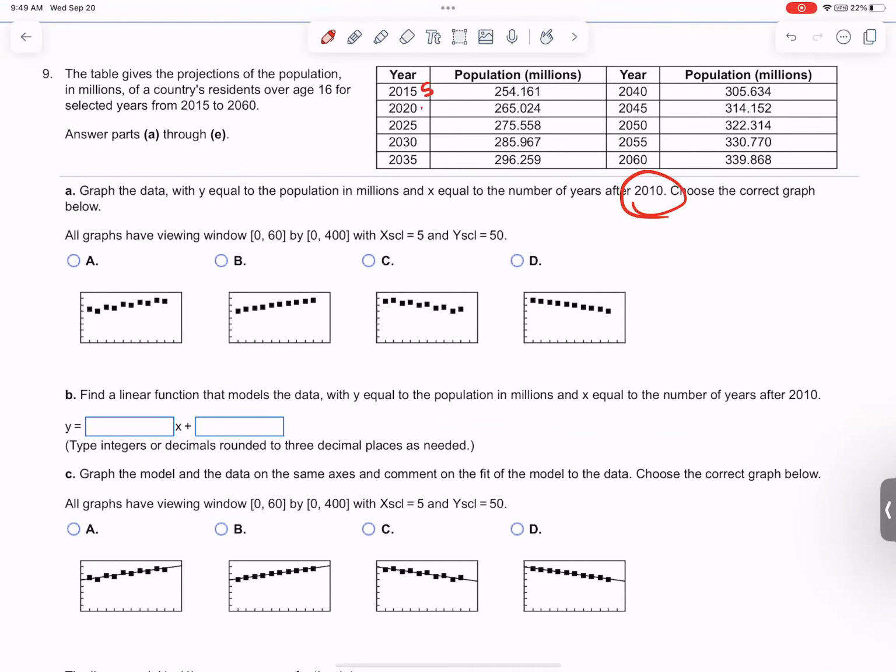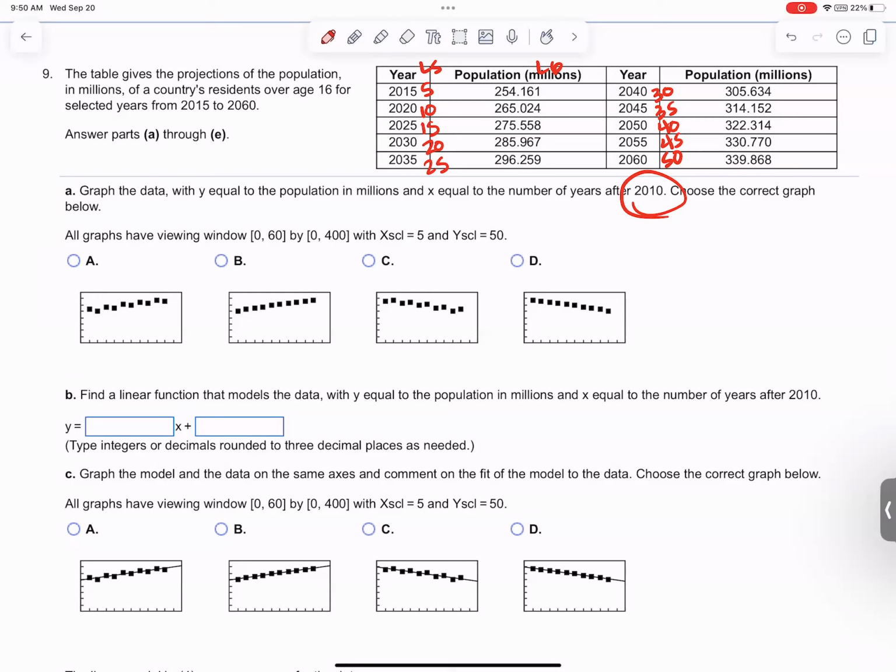So 5, 10, 15, 20, 25, 30, 35, 40, 45, 50. I'm going to use L5 to put the 5, 10, 15, 20, 25, 30, etc. in. And I'm going to use L6 to put the population in millions.